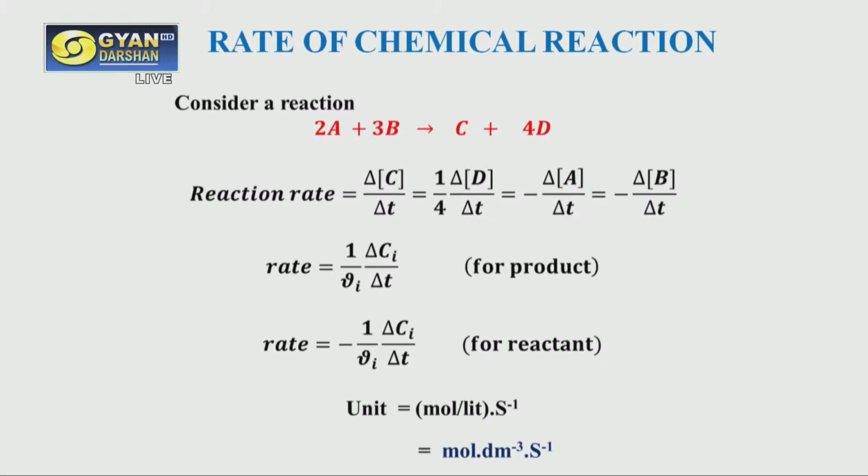Or if we write liter as decimeter cubed, which is the standard unit, then we can write mole per decimeter cubed second inverse, or mole decimeter to the power minus 3 second inverse. This is the overall idea of how we can write the average rate of any chemical reaction.